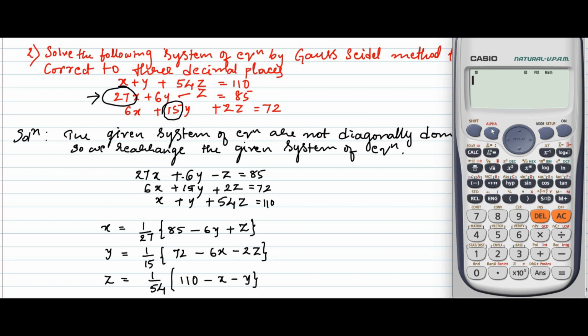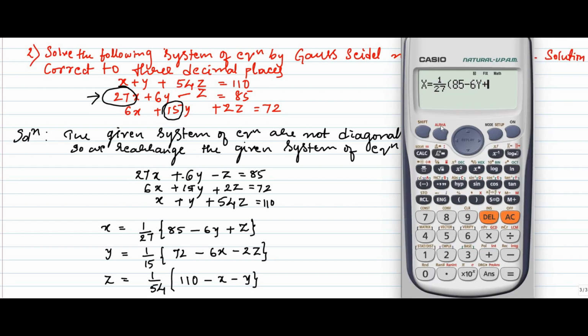Now press alpha x equal to, take a fraction 1 by 27. To come out of this fraction, press the joystick, then bracket 85 minus 6 alpha y plus alpha m. To separate the equations, press alpha colon.